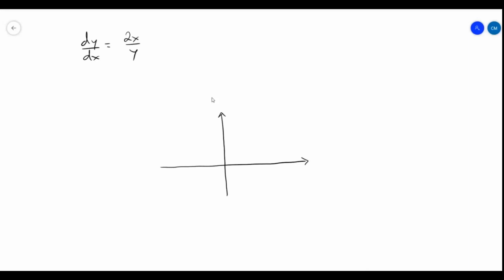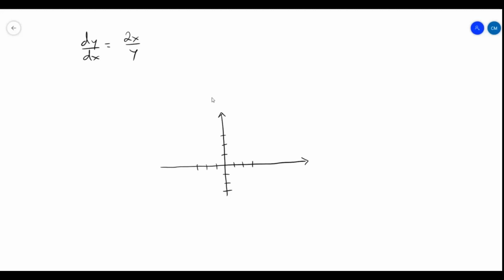Again, the left side is telling us the slope. That's what dy/dx means, the slope of a tangent line. So if I start picking some points that lie on the xy plane, we'll pick a few right around the origin. Suppose I choose the point (0, 0).